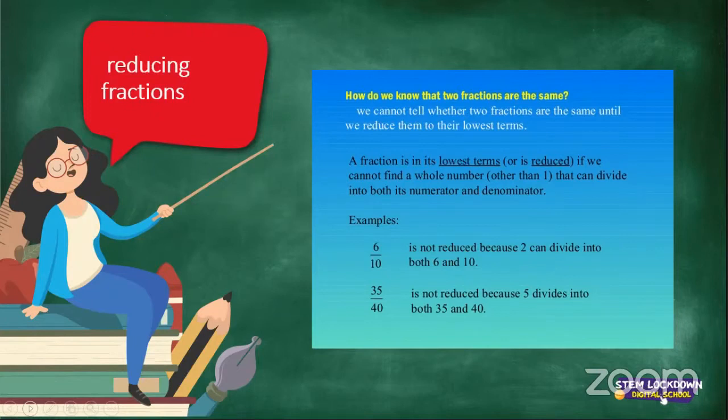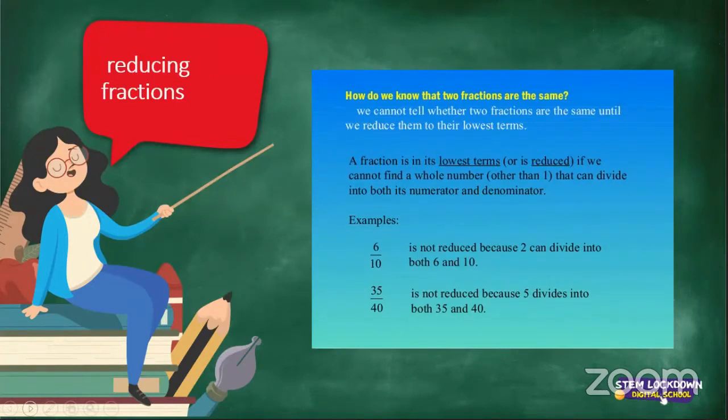A fraction is in its lowest terms if we cannot find a whole number other than one that can divide into both its numerator and denominator. Here's an example. 6 over 10 is a fraction. 6 over 10 is not reduced because 2 can divide into both 6 and 10.